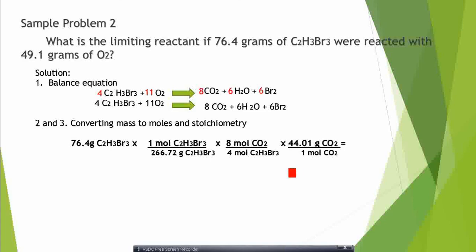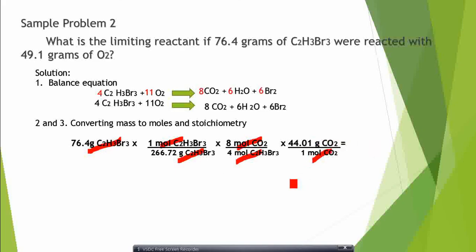Okay, so now let's cancel the unnecessary units. Cancel the grams of vinyl bromide. Cancel the mole of vinyl bromide. Cancel the mole of carbon dioxide. So we have grams of carbon dioxide.